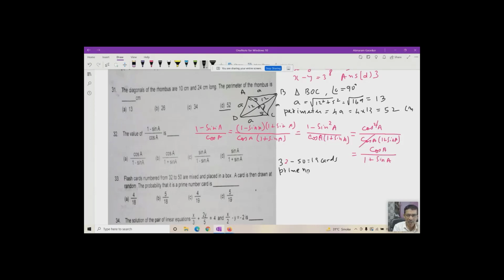So prime numbers starting from 32, they are 37, 41, then 43, 47, so these are the prime numbers.